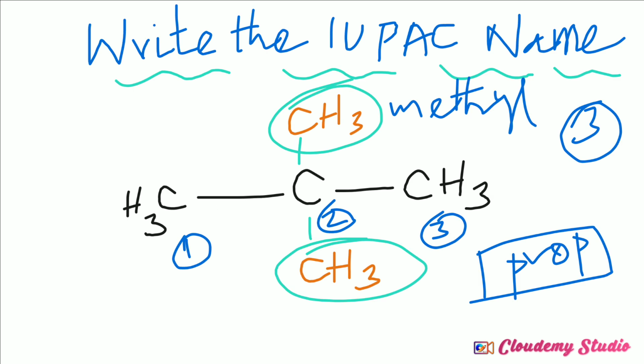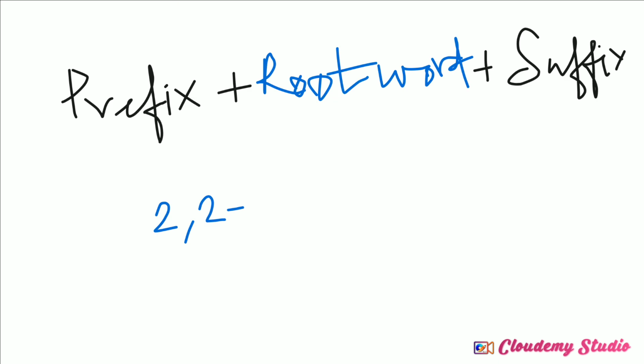Now which group is attached 2 times? That is the methyl group. So 2 methyl groups we write as dimethyl. Di means 2 times. So we have completed the prefix, that is 2,2-dimethyl.